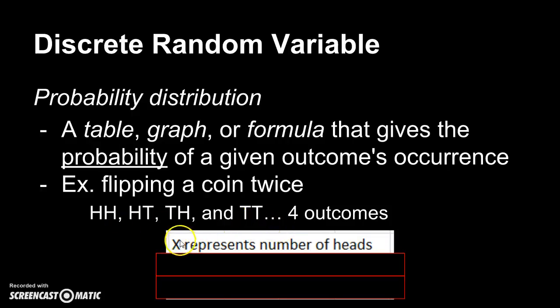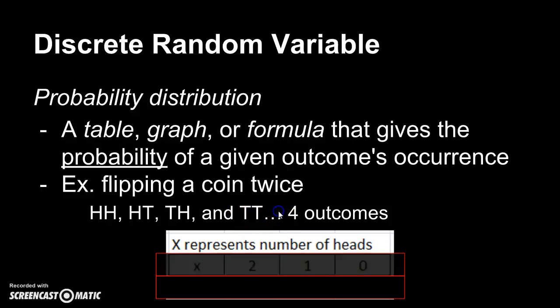Now I'm going to introduce x as my random variable. My x represents the number of heads, so I'm just counting the number of heads. In this case, I have 2 heads, so I have 2 over here. In this case, I have 1 head. In this case, I have 1 head. In this case, I have 0 heads.